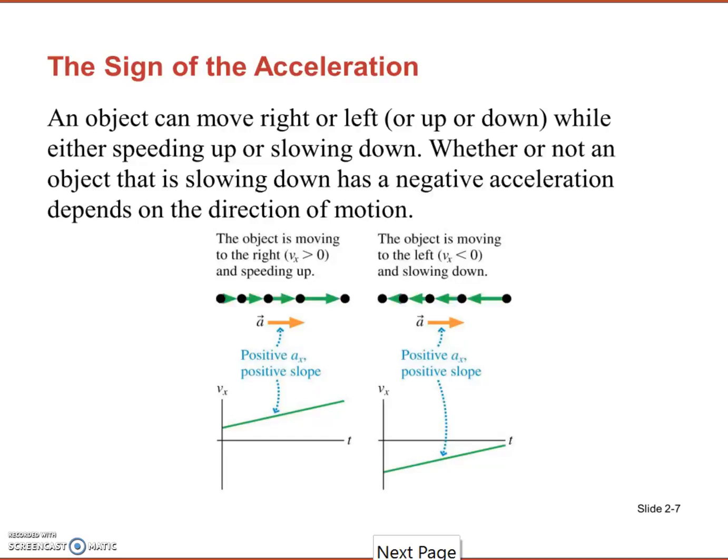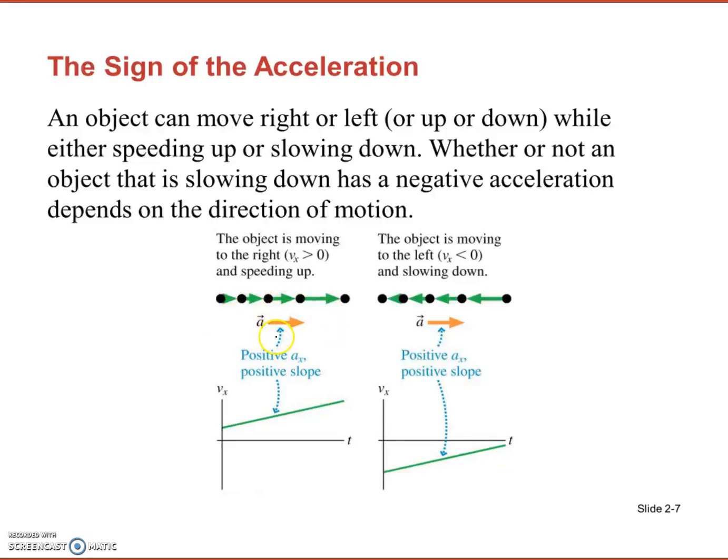Now, for an object, in this first case, that is moving to the right and speeding up, we see the motion diagram shows the velocity vectors increasing in length and pointing to the right. The acceleration vector we can draw along with our motion diagram as an arrow that points from the shorter arrows to the longer arrows, so from small velocities to larger velocities.